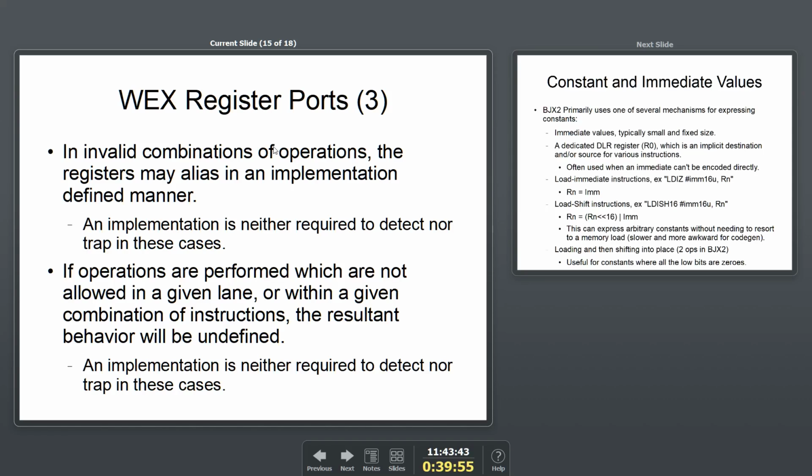In invalid combinations of operations, the registers may alias in an implementation defined manner. That is, as noted, because effectively in the current implementation, the handling of the third register port is via an aliasing mechanism. So the third register ports or third registers just get a copy of some of the other register ports.